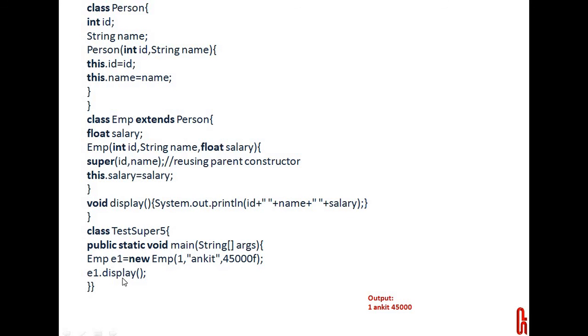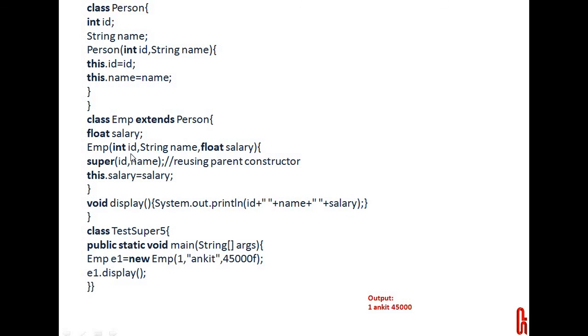Now e1.display is invoked. So this display method will display ID, name and salary values. From where ID and name values are displayed? So by using the super keyword, ID and name values are collected from the parent class of employee class, and salary value is applied locally.